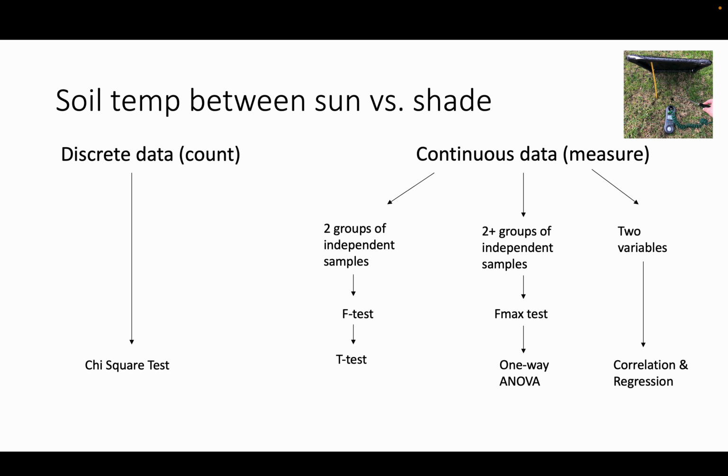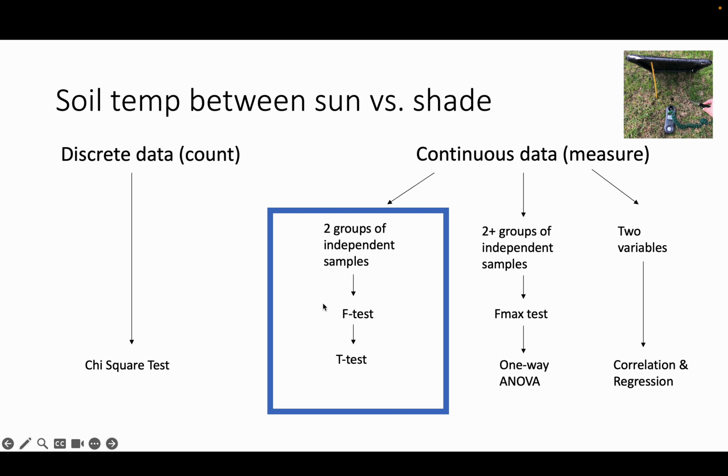All right, let's go ahead and do this example as a class. Let's take a look at soil temperature between the sun versus the shade. One of the abiotic factors that you measured last week was soil temperature. When you measure soil temperature, you are looking at the probe, and this is a type of continuous data. Specifically, if you're measuring soil temperature between the sun versus the shade, there are only two groups of independent samples here.